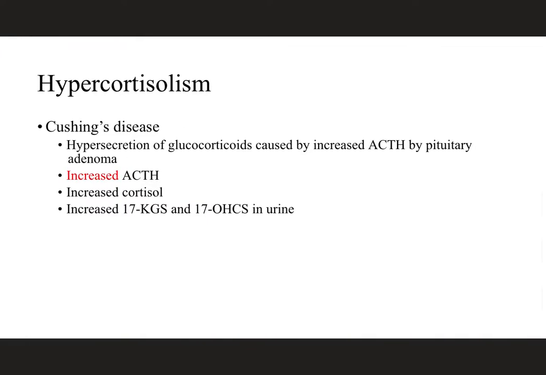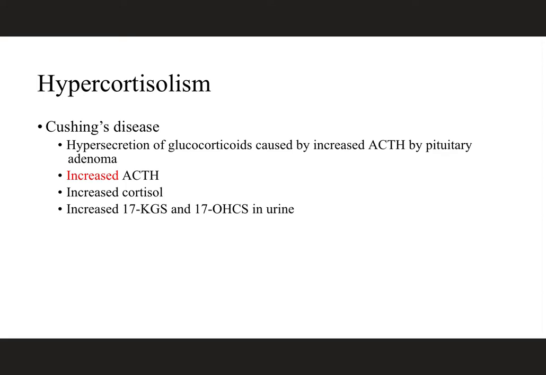So we talked about Cushing's syndrome. Cushing's disease is actually just a little bit different. This is a hypersecretion of glucocorticoids caused by increased ACTH from a pituitary adenoma. Cushing's syndrome is more of an issue with the adrenal gland itself, where there's a tumor on the adrenal gland. The issue with Cushing's disease is the pituitary gland.